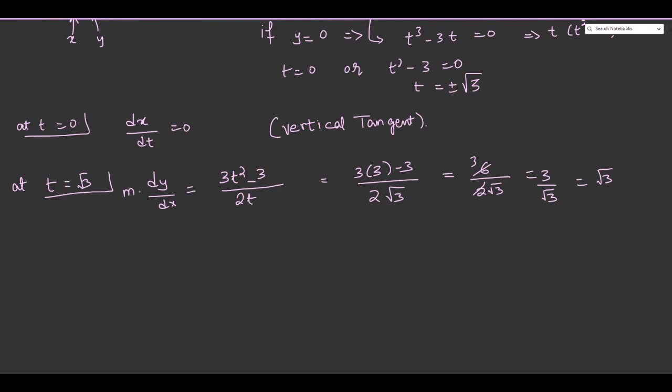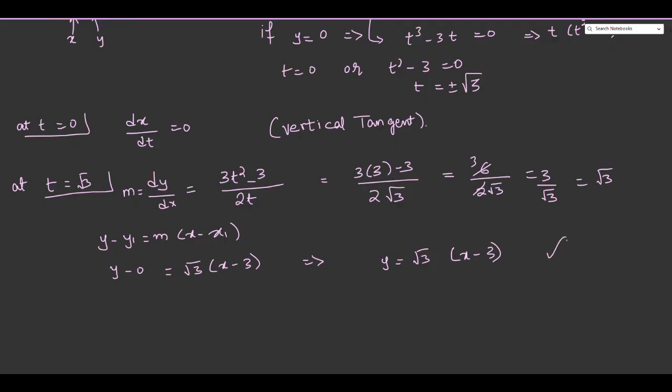Now we can find the equation of the tangent line. y minus y1 equals m into x minus x1, and that will give us y minus 0 equals root 3 into x minus 3, and it becomes y equals square root of 3 multiplied with x minus 3.